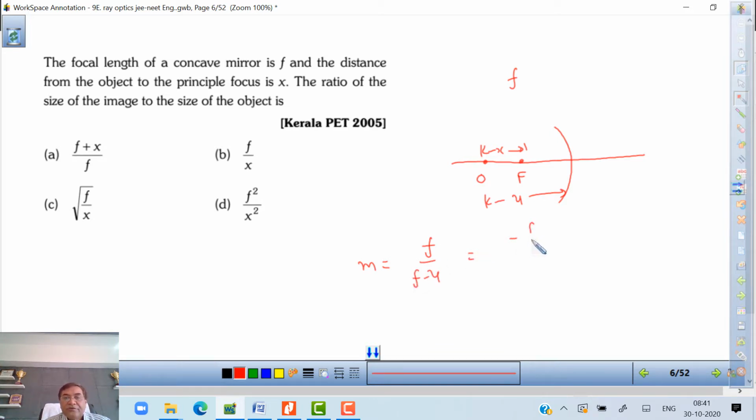So f is minus f and u is how much? So f plus x. Up to here is f and this is x. So total u will be minus f upon minus f.